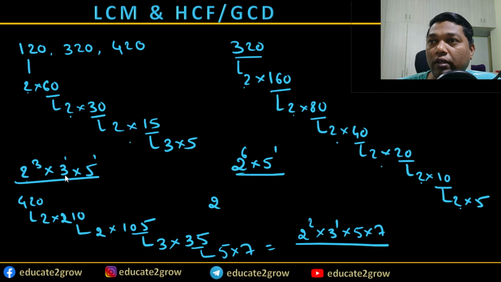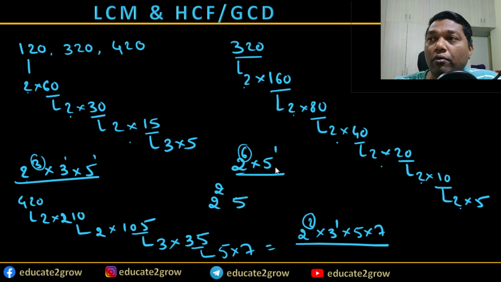Another one is 3, but 3 is not in all of them, it is only here. So only 5 is common, so pick the 5. Now let's find the least exponent of the common number. For 2 it is 3 here, 6 here, and 2 here. What is the least out of these? The least is 2.